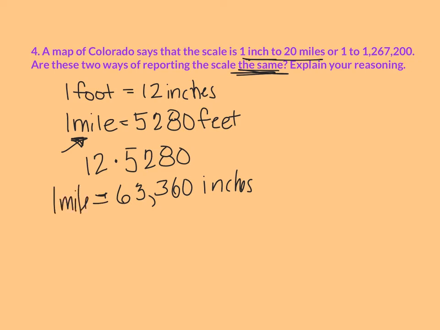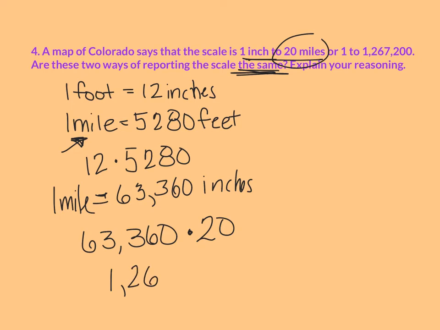Now, I know this one has 20 miles, so that would mean that we'd take that 63,360 and multiply it times those 20 miles. Pull out those calculators, and you should find that's 1,267,200. Again, that's 20 miles in inches.